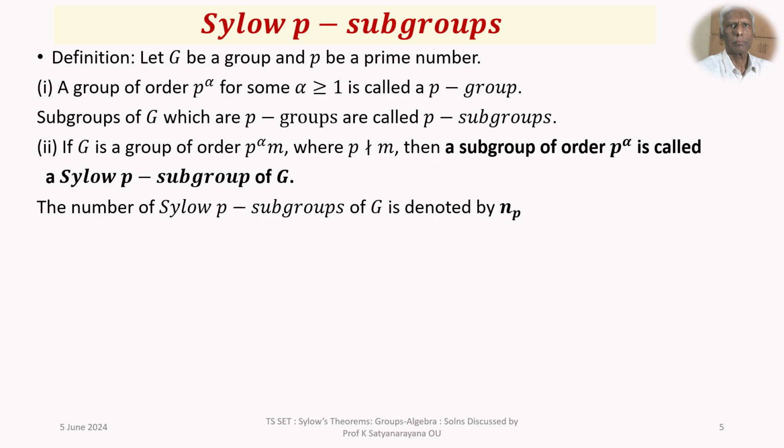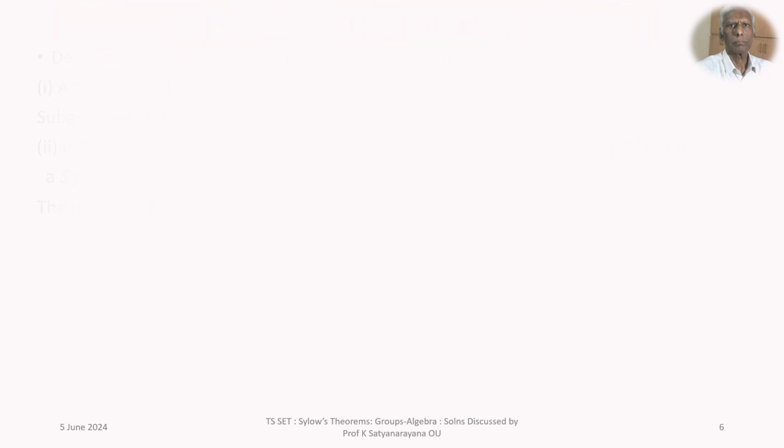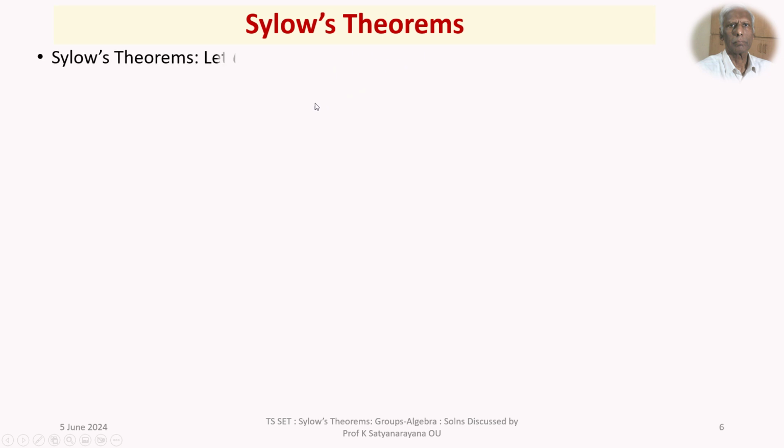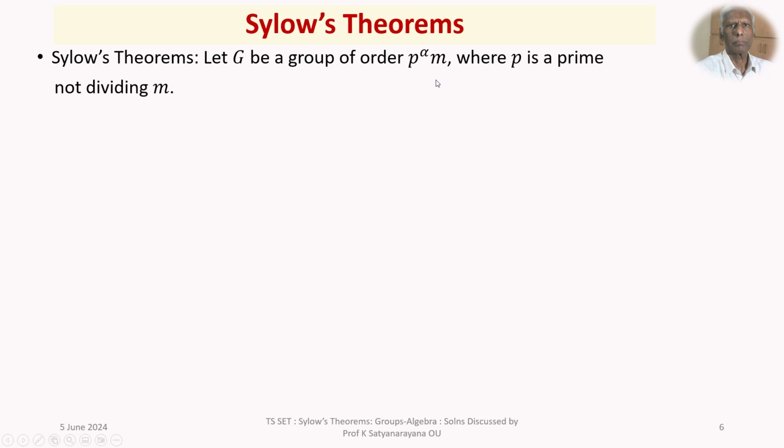Right, we are ready to talk about the Sylow's theorems. Let G be a group of order p to the power of alpha multiplied by m, where p is a prime and p does not divide m.